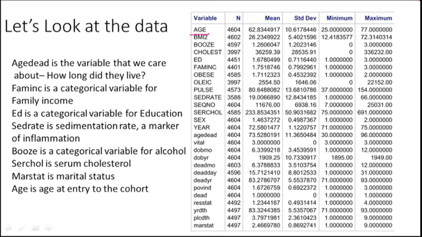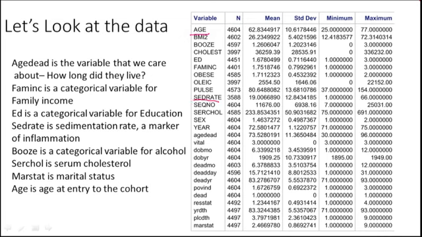Then we have body mass index, and various other variables that may be less clear to you. Booze is a categorical variable for the amount of alcohol intake. Education is a categorical variable for how many years of education. Family income, FAMINC, is a categorical variable for level of family income, etc.